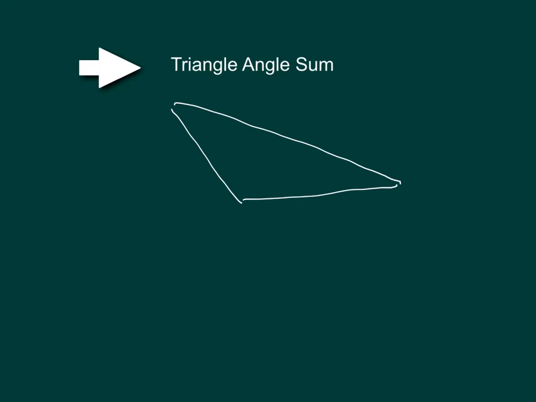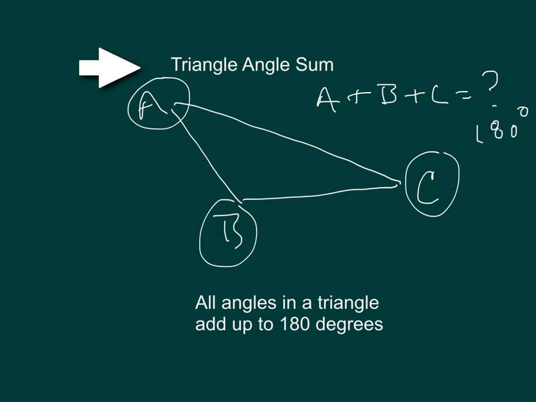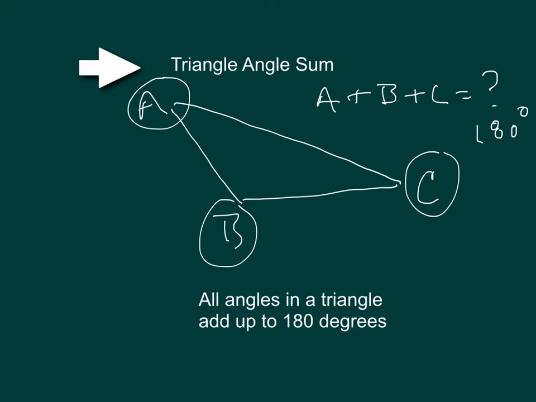And we're trying to figure out the angle measure for B, A, and C. Well, one thing that you may know already is that A plus B plus C needs to equal what? What's that? Yes, that's right, 180 degrees. So here it is in writing. All angles in a triangle add up to 180 degrees.